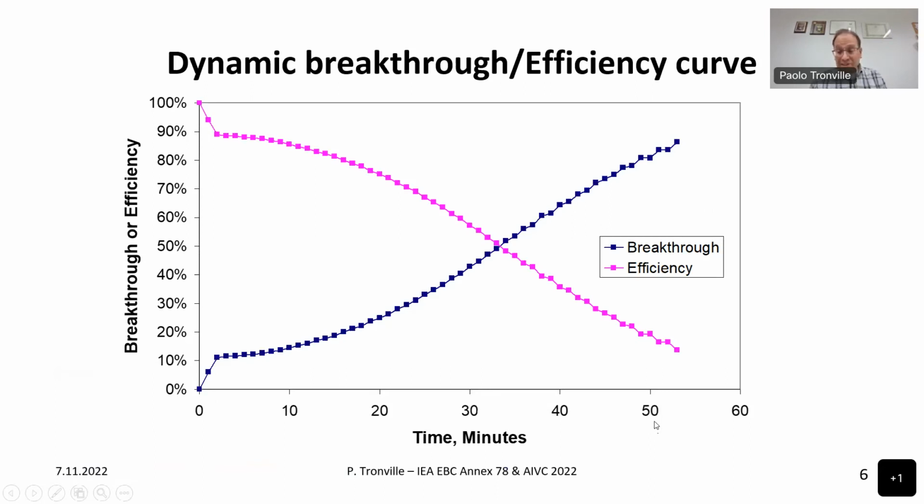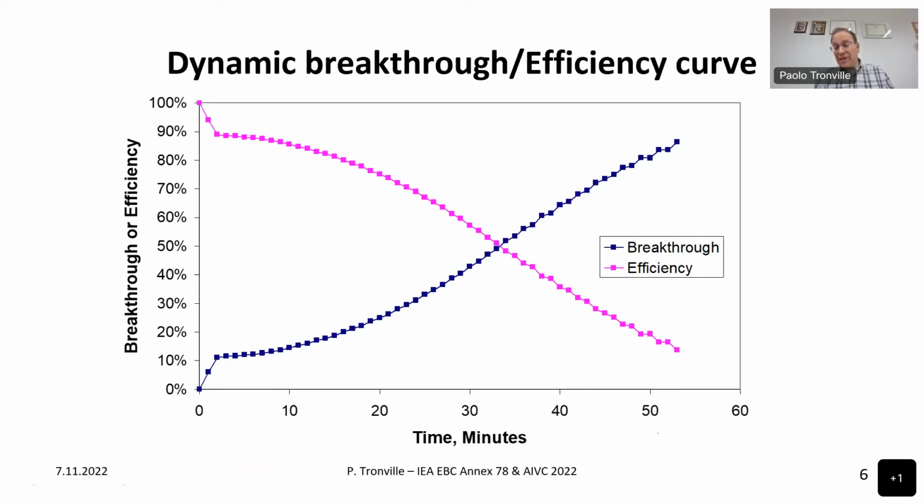A typical result of a test method is shown in this slide, where you can see the efficiency or the breakthrough, which is the complement to 1 or 100%, and this is typical of an adsorbent filter material, which starts at a certain efficiency and then decreases while time passes by.